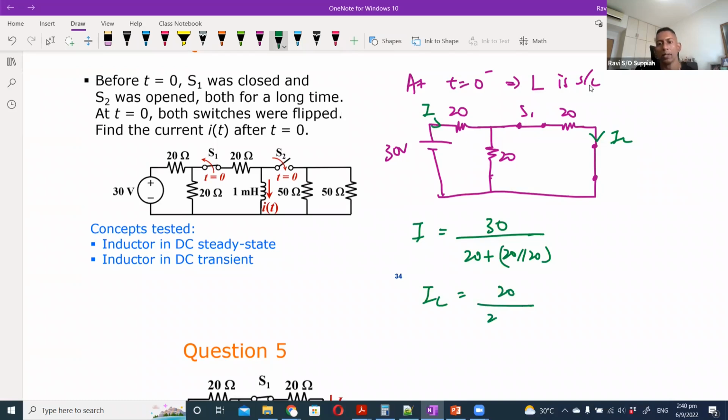So 20 over 20 plus 20 multiplied by I. That would be iL. If you solve everything, you will get the answer as 0.5 ampere. So that is iL, the current that is flowing through the inductor just before the switches are flipped.